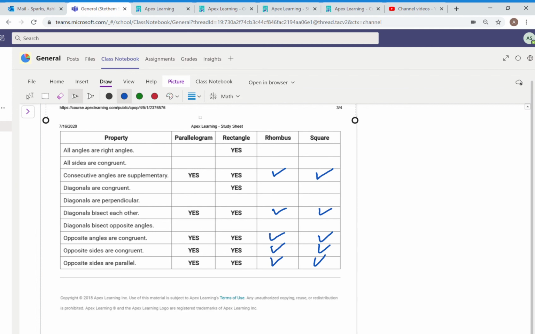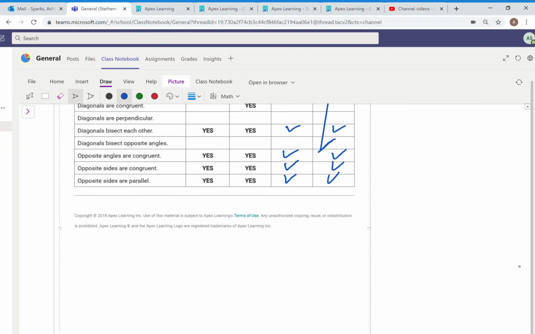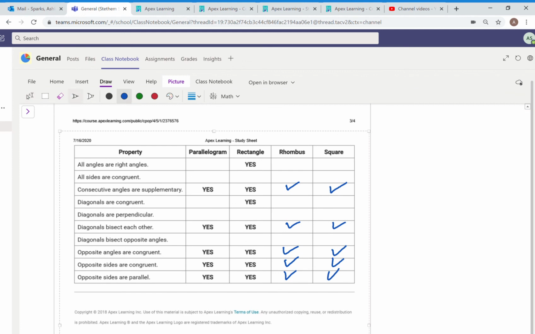Squares are a type of rectangle. So everything that's true for a rectangle, you should mark off in your square category. So this is true because it's true for rectangle, true for rectangle. So now we need to go through and mark off what's true for rhombus. All angles are right.